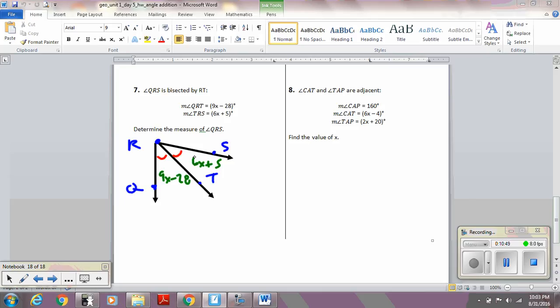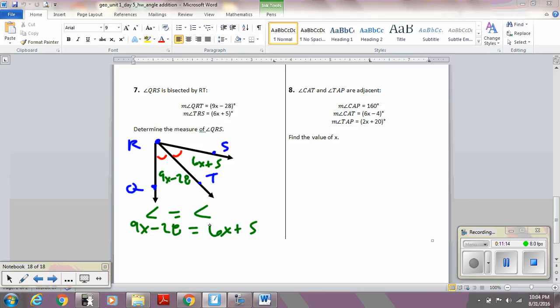So what we need to do first is find x. And to find x, we're going to use the format that angle equals angle. And that way we're going to set up our algebraic expressions with 9x minus 28 equal to 6x plus 5.